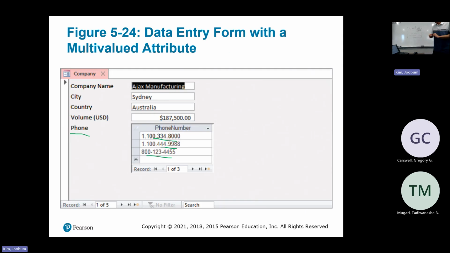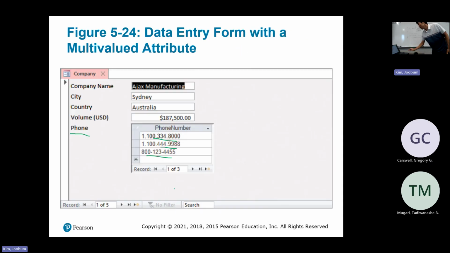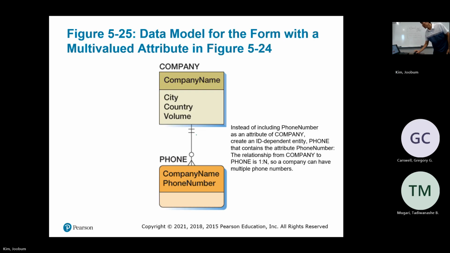So in order to implement this kind of data form, we derive this relational diagram. From this form, we need the company entity and then the phone entity.